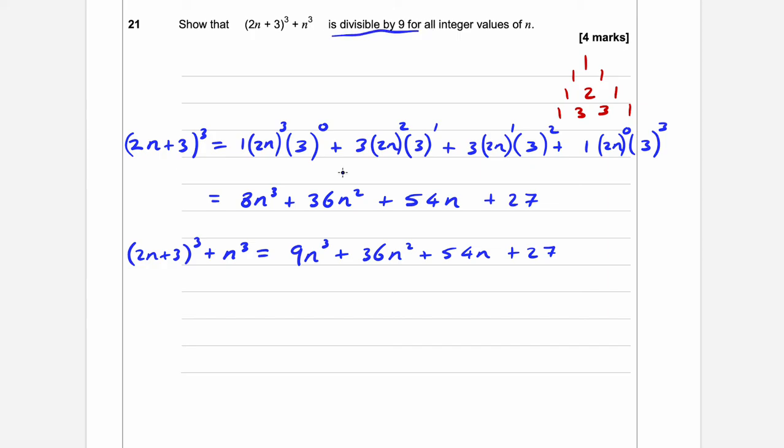So how do we do that? Well, to show something is divisible by 9, guys, all you have to do is take out the 9 and show that 9 goes into all the terms that it does. So if I take out the 9, I get n cubed plus 4n squared plus 6n plus 3, which shows it's divisible by 9. I'll just write QED, done.